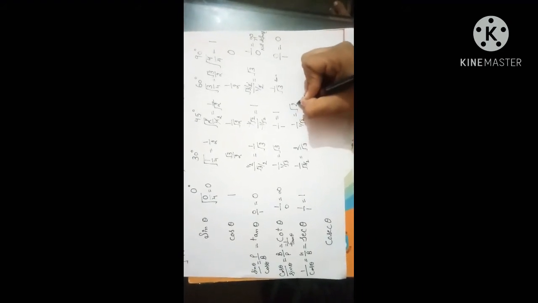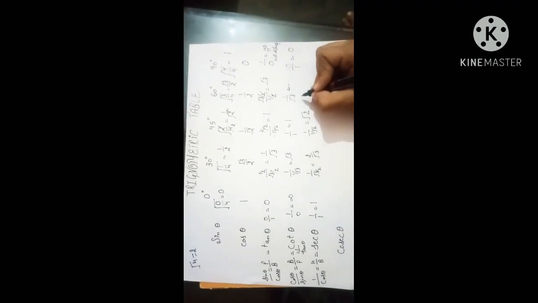It means the reciprocal of cos theta. 1 upon 1 is 1. 1 upon root 3 by 2 is 2 by root 3. 1 upon 1 upon root 2 is root 2. 1 upon 1 upon 2 is 2, and 1 upon 0 is again infinity, that is not defined.